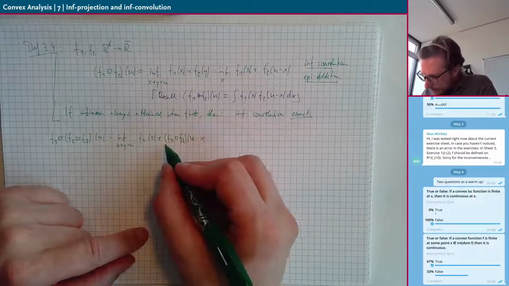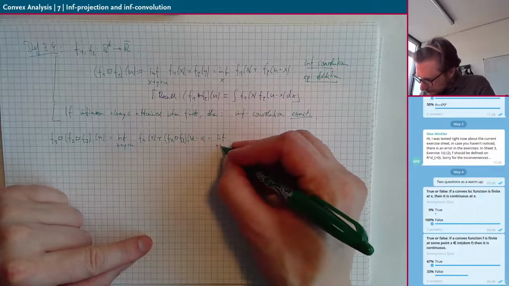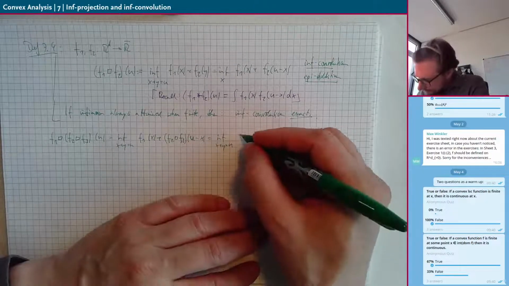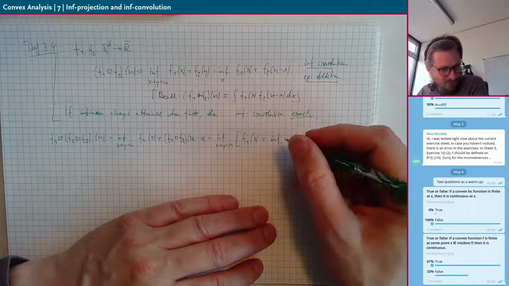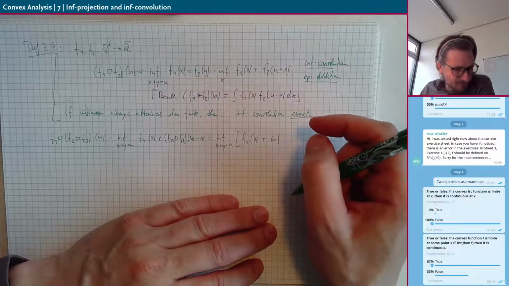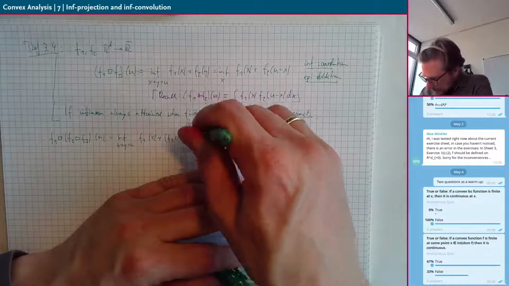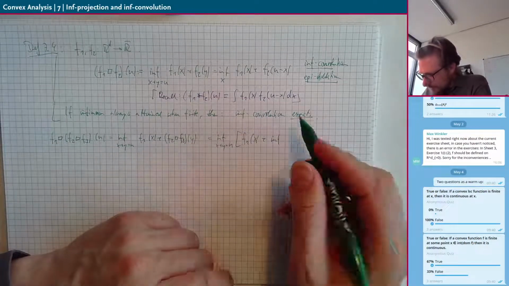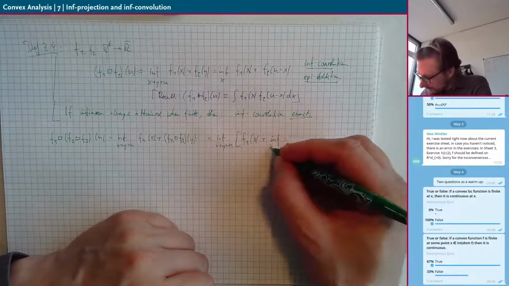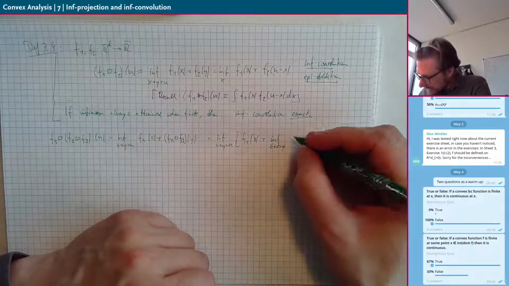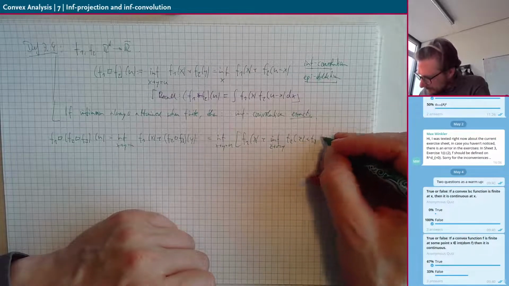Now we plug in this inf-convolution over here. That's then the infimum over x plus y equals u of f1 of x plus another infimum, sorry, I used the y formulation, so there's a y over here. Now we have to decompose y into z plus v equals y, and then f2 of z plus f3 of v.